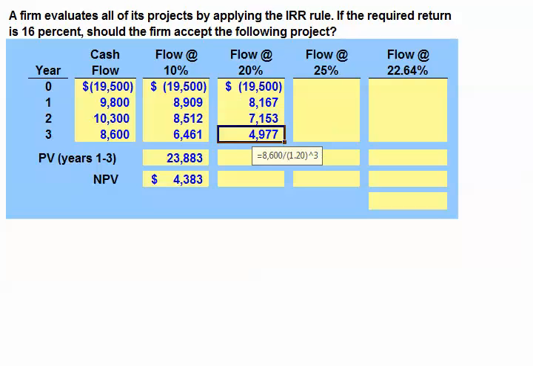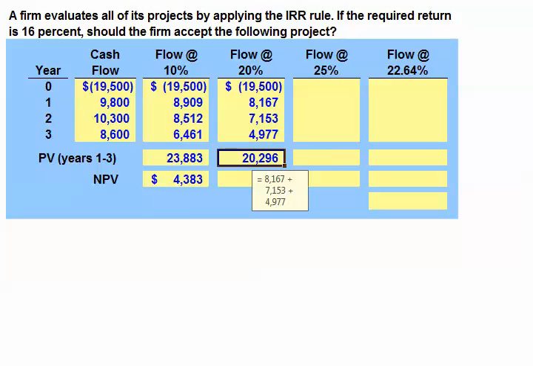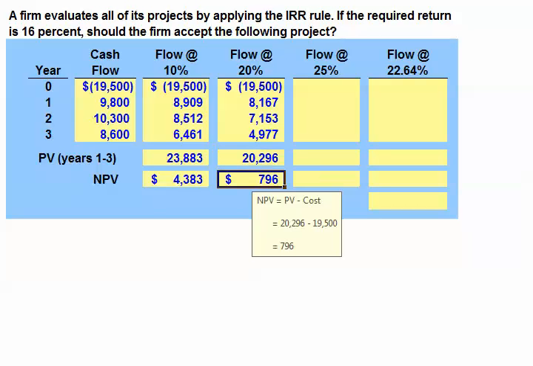The time three cash flow needs to be discounted back at 20% for three periods. When we sum the present value of the cash flows in years 1 through 3, we get a total present value of $20,296. When we subtract the initial cost, we calculate a net present value of $796.